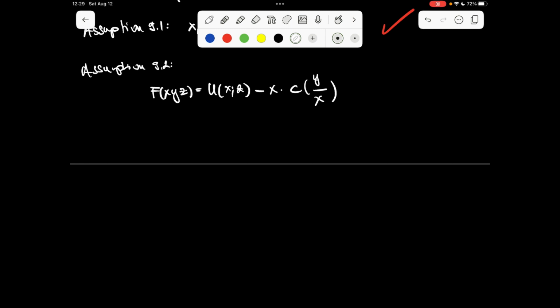Function u is bounded. Costs are non-negative, so the cost function is bounded below. Consequently, one period return function f is bounded above, and the limit exists.